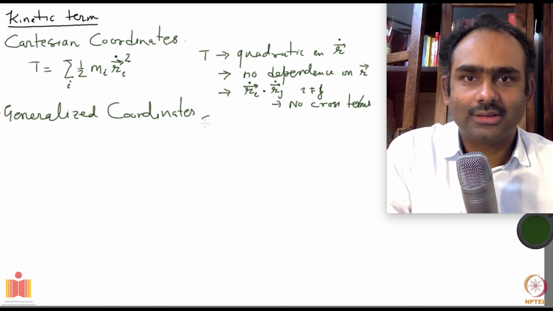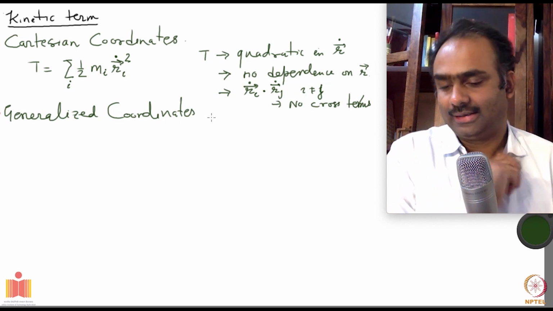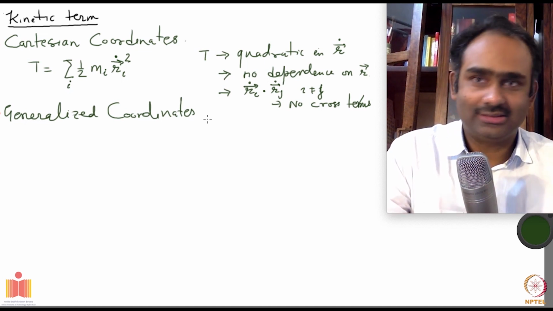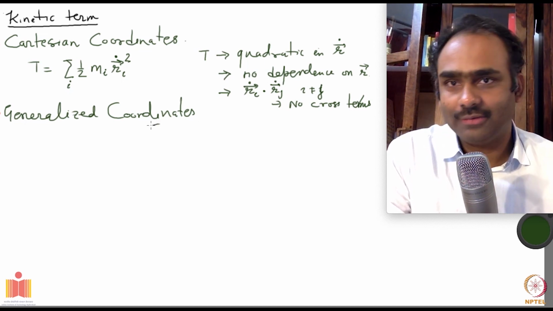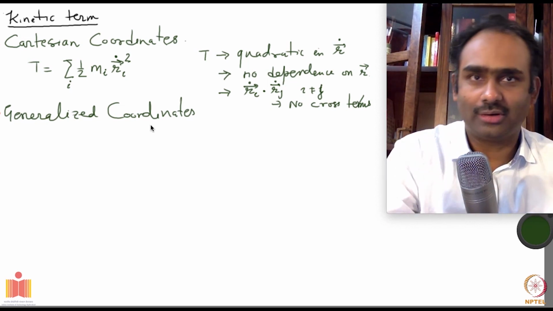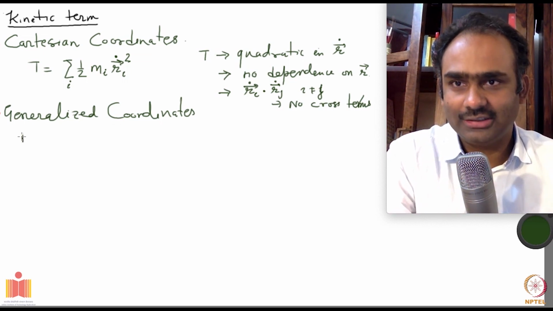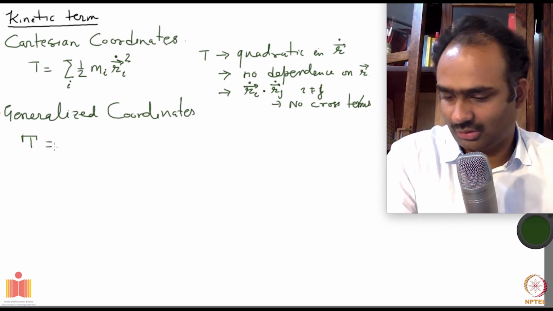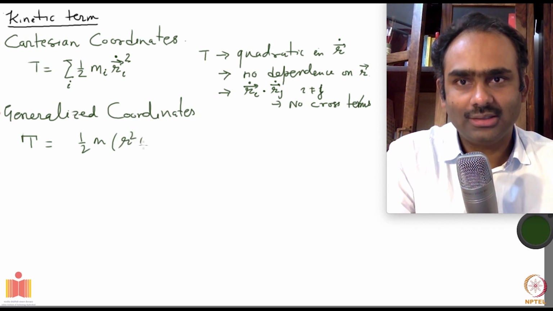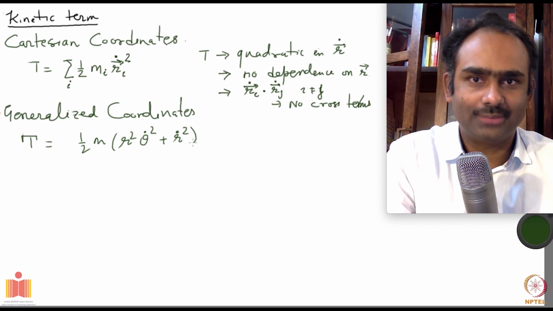Okay, let's look at the generalized coordinates now. We have already looked at T in at least a few contexts. You remember when we were looking at a particle moving in two dimensions, the xy plane, and we were using polar coordinates. At that time, we wrote the kinetic energy of that particle as half m times r square theta dot square plus r dot square.